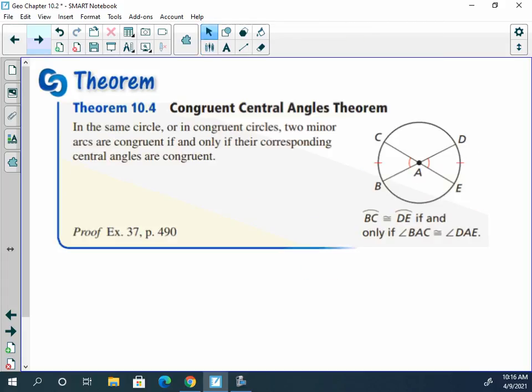Now, in the same circle or in congruent circles, 2 minor arcs are congruent if and only if their corresponding angles are congruent. So if the corresponding angles are congruent in 2 circles or in the same circle, then their arcs are congruent because the arc measure is the same as its central angle.